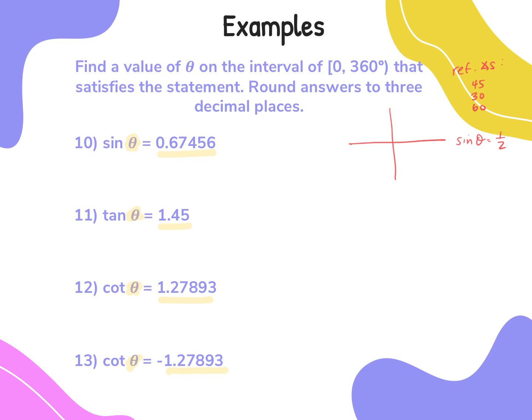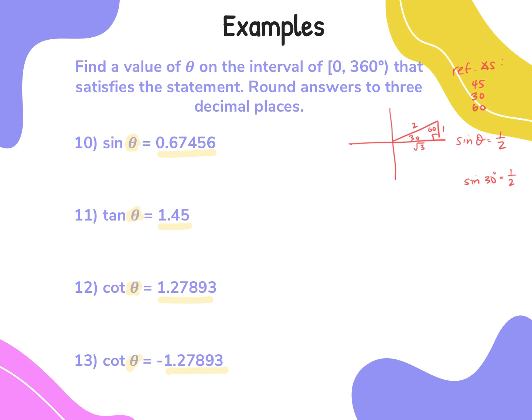Well, if you remember, a 30-degree angle is going to be the 1 here, the side opposite the 60 is radical 3, and the hypotenuse is 2. And you realize that the sine of 30 degrees equals 1 over 2, opposite over hypotenuse. And so we know that 30 degrees is one angle that's going to give us a sine of a positive half.